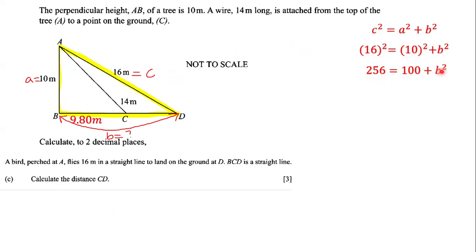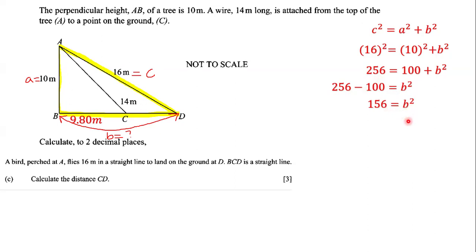So 256 is equal to 100 plus b squared. We're going to send the 100 over the equal sign. This was positive 100, and when we send it over, it becomes negative 100. So we have 256 minus 100, which gives us 156 equals b squared.